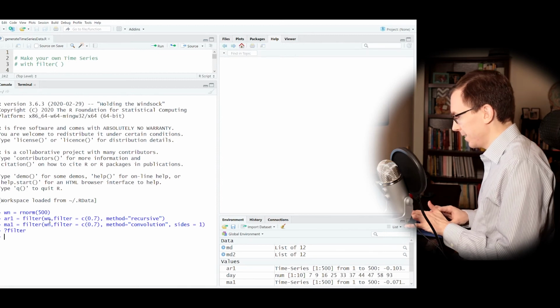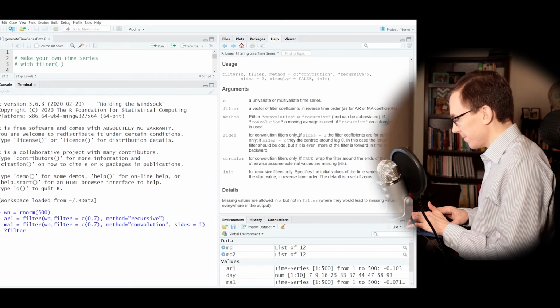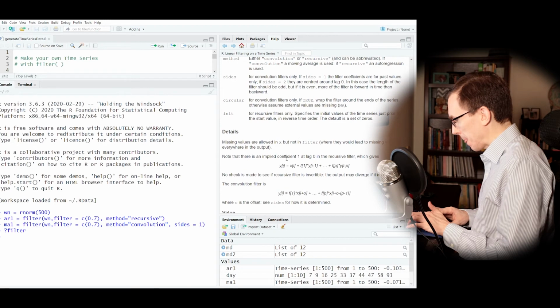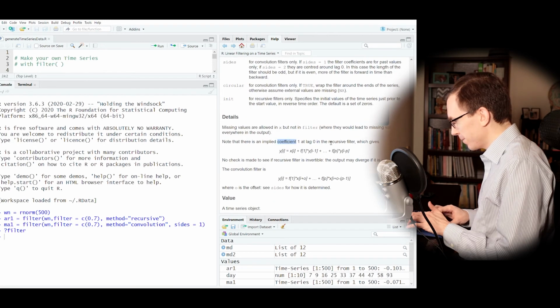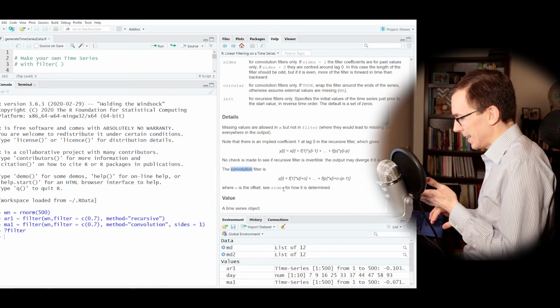So I think that should have given me what I wanted. Let's double check the filter command. Yeah, the convolution filter is going to be T plus O plus the offset all the way to offset, where offset comes from the sides.